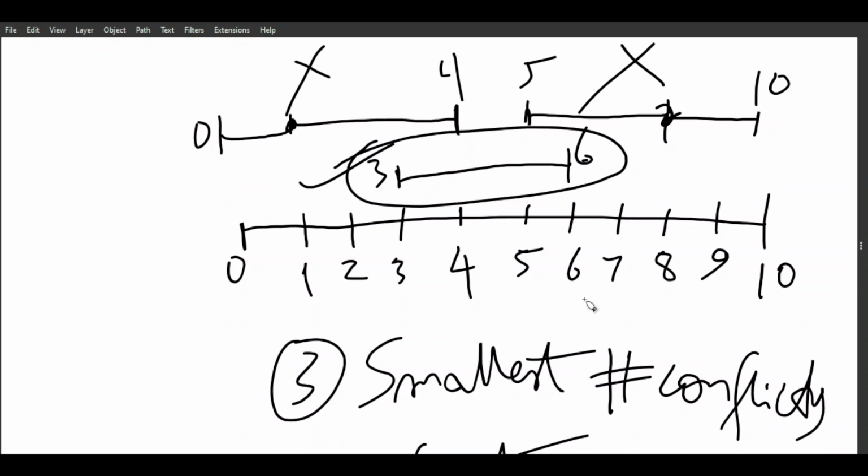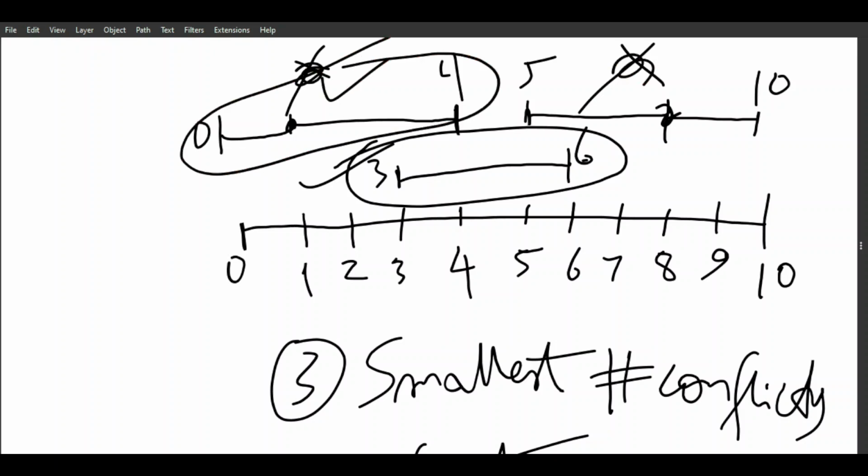If we apply this heuristic to this example, first we choose the 0 to 4 interval, and we remove the other because we have a conflict. Then we can choose this, so we are getting the optimal solution. But again, this is also not optimal. The greedy choice property is not satisfied, and we can see with a very simple example another counter example for this.